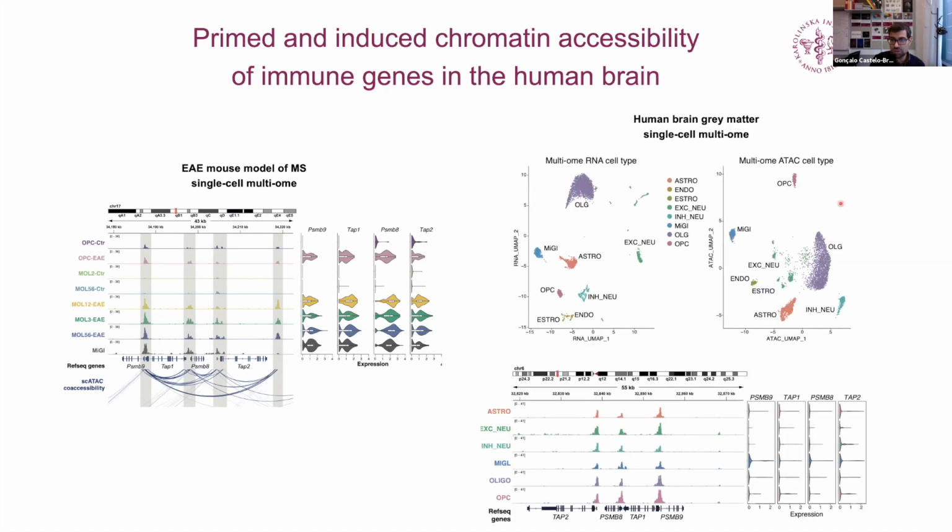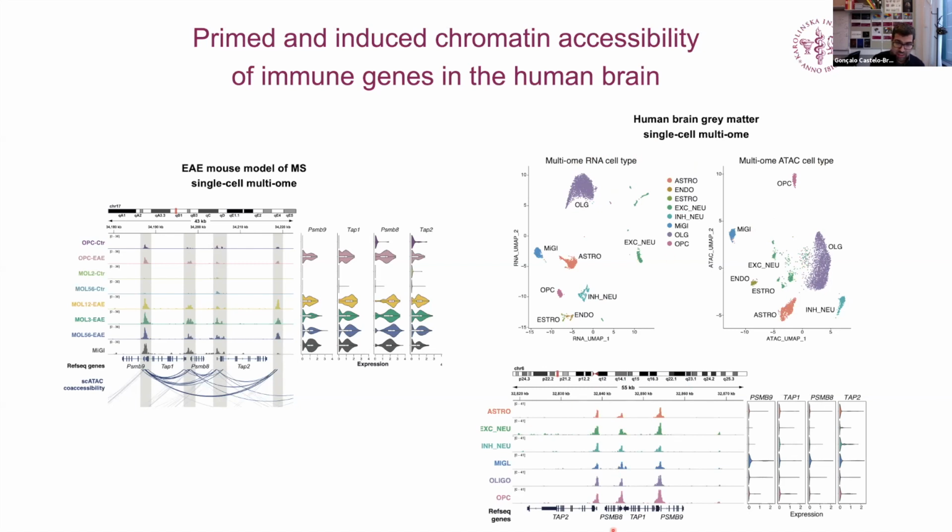And so what we decided to do was also single cell multiome in the human brain gray matter. What we can see in these UMAPs is again the cell types from the RNA and the ATAC, and we could recover the major cell types in the central nervous system.